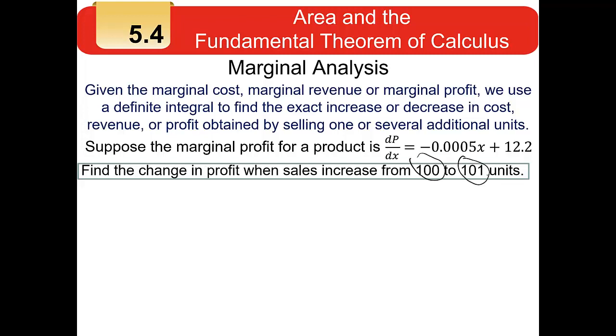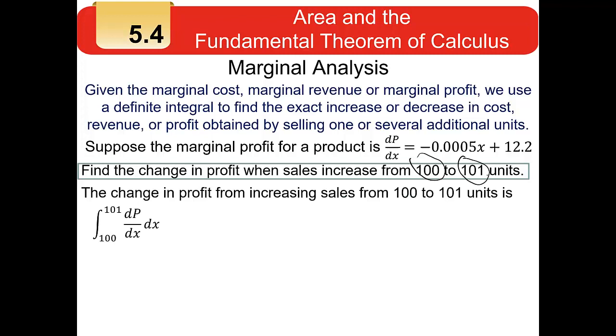So if you're going back and you want to find the change in profit over a certain interval, and you're given the rate of change function for either profit, revenue, cost, whatever it is, all you do is take the function you were given that represents the change in profit, and you integrate it over the units that you're interested in, in this case 100 and 101. It becomes a definite integral.